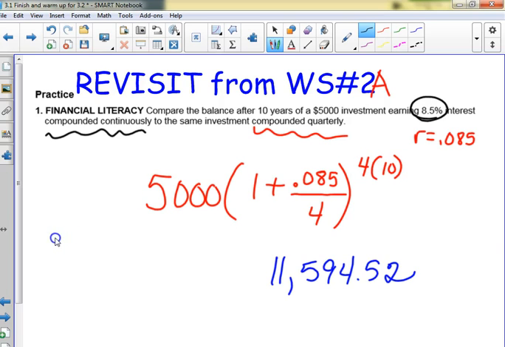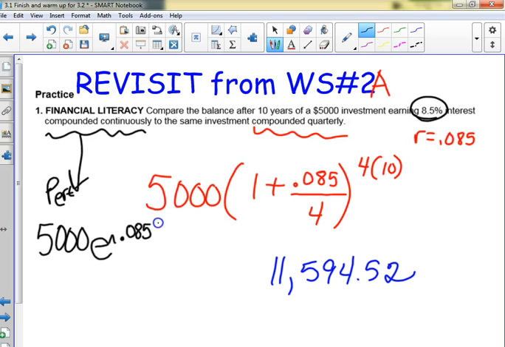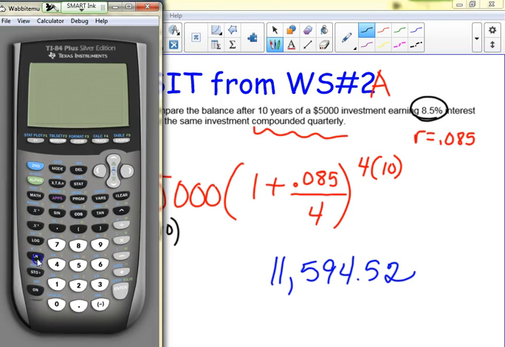So let's do the continuous part just to revisit that. And because the question actually said, and I skipped it, to compare the two. All right, so what would we do if we were doing this continuously one? Yes, PERT, which means what? For this question, 5,000 times e to what power? 0.085 times 10. So remember where I said to use second ln.